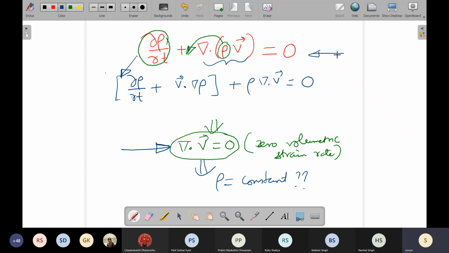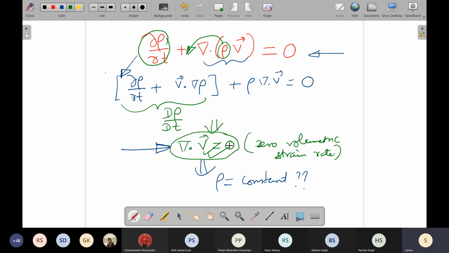Now, this is nothing but the total derivative of density. What we know is that this is the fundamental signature of incompressible flow, right? Zero volumetric strain rate.